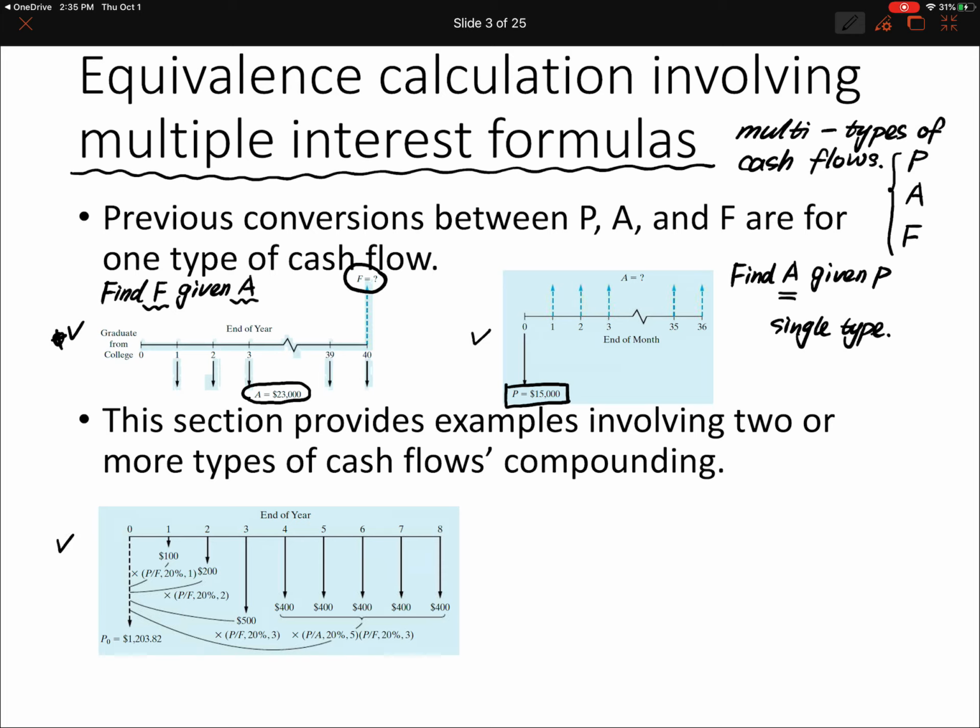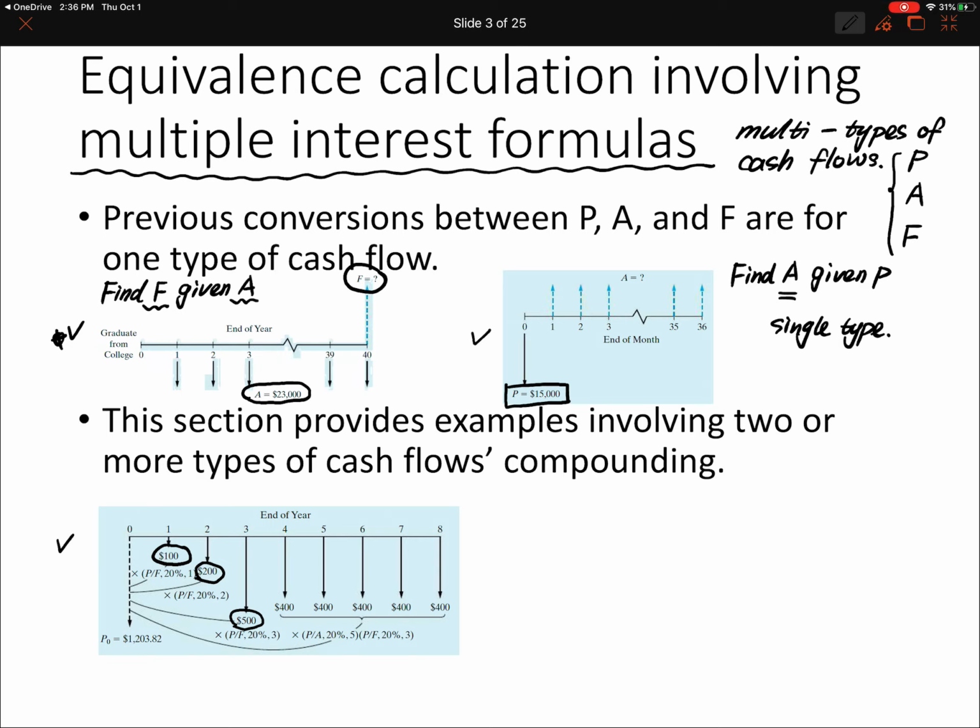Usually what you have is, for example, on this diagram, during the 8 years, multiple types of cash flows going on. First, you might have cash flow going out by the end of period 1, and then you have another volume of cash flow going out at the end of period 2, and then you need to spend another amount of dollars by the end of the third period, right?